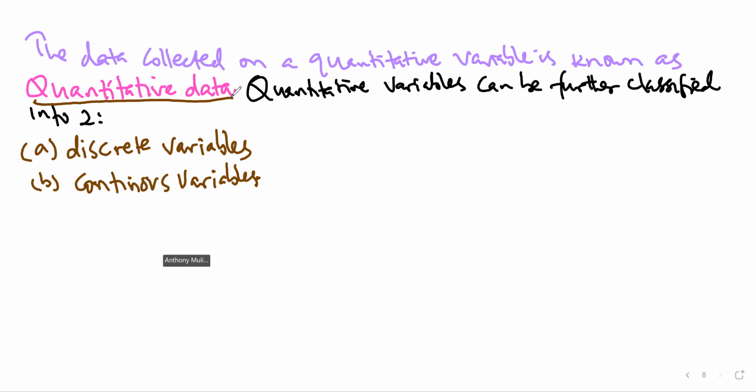And in most cases, they will take whole number values, though there are special cases where the numbers are not whole numbers. When we talk about continuous variables, these are quantitative variables whose data takes any value within a given interval, meaning that continuous variables take both whole numbers and fractional values. So let's note that.